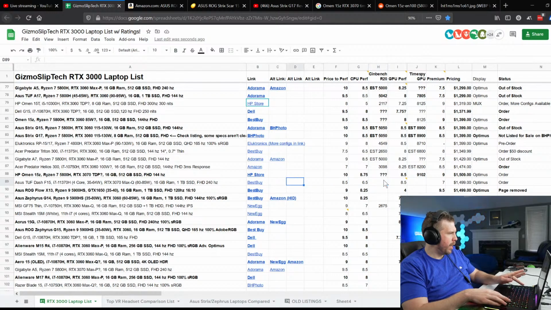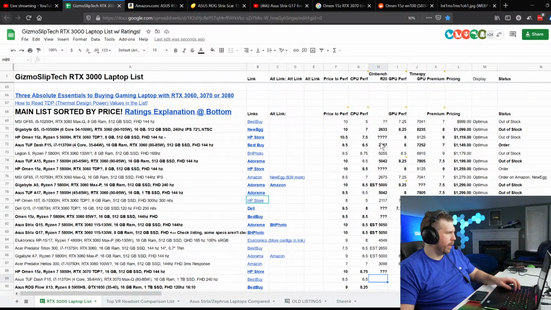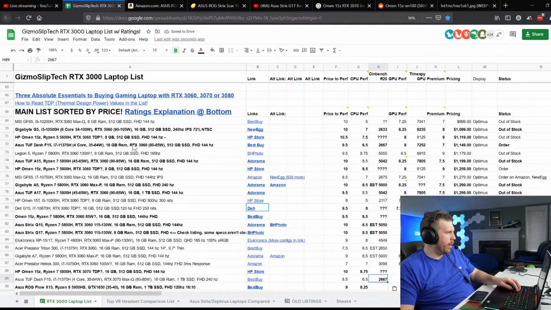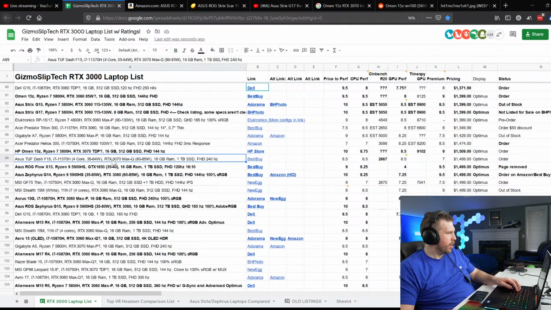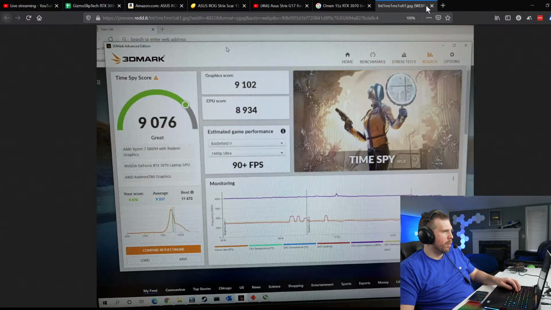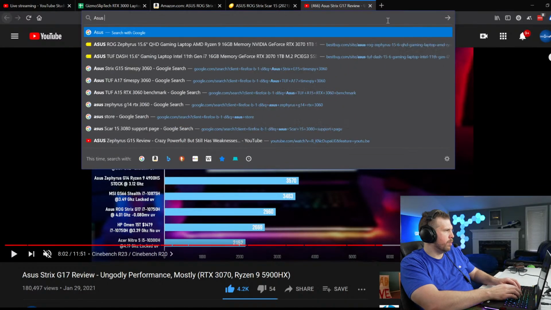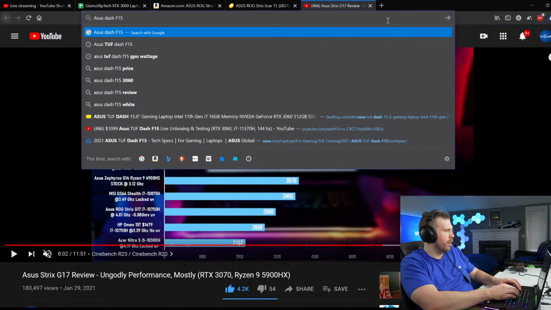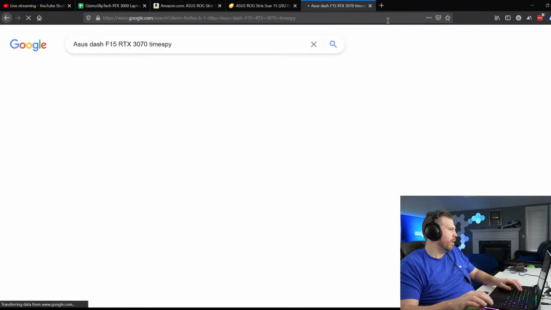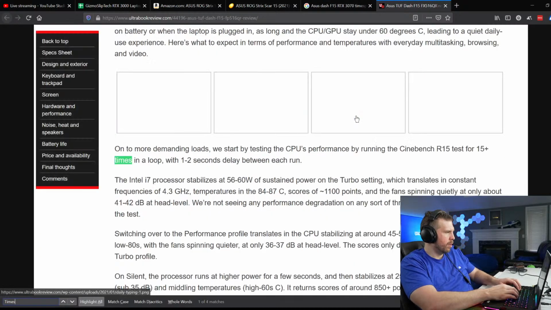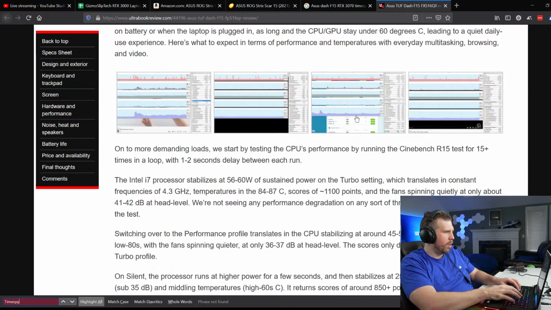Okay. Tough Dash F15. So this is going to be the same CPU score from back here. Same chassis, same CPU. And then we've got the 3070 version. Okay. So I know there's some YouTubers that have reviewed this, but we can probably find a quick one.